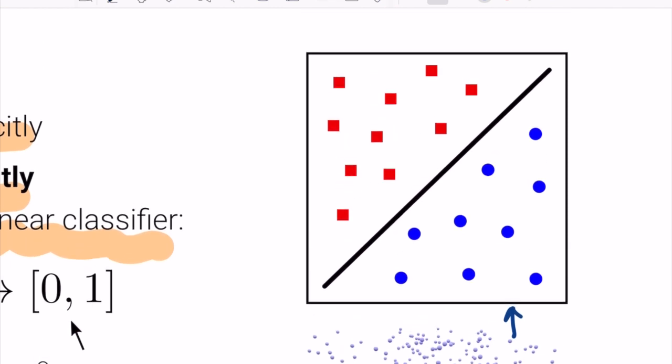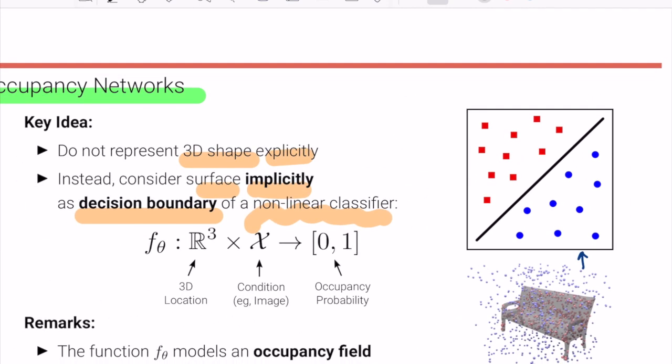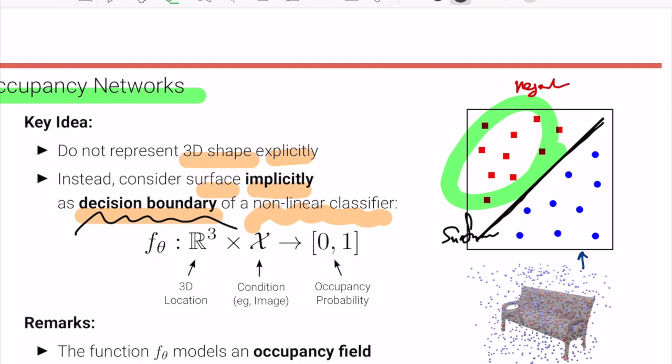When we assume this black line as a surface, and consider this surface or line as the decision boundary of a nonlinear classifier, we can consider the inside of the surface, the inside of the object, as a negative class, and the outside of the surface as a positive class, for example. Then this problem becomes a binary classification problem itself, right?